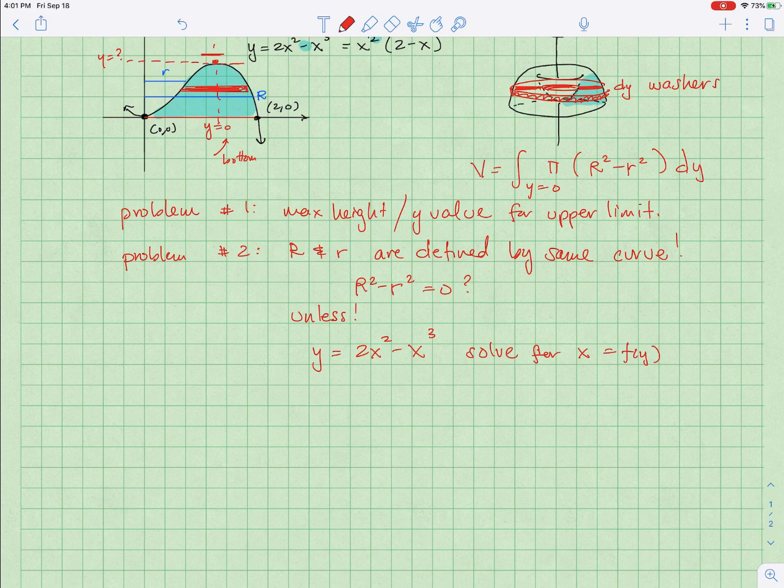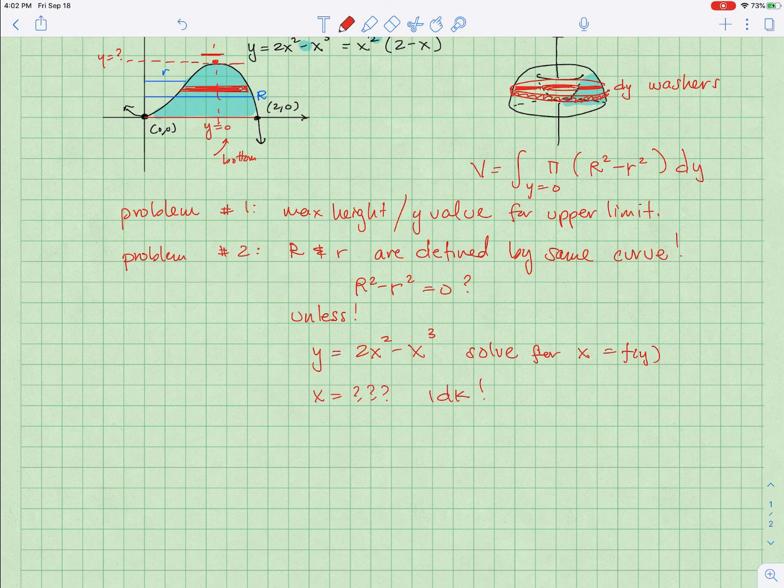Now, I don't know when the last time you completed the square was or how good you are at that. But I'm willing to bet that nobody in this class knows how to complete the cube. So x equals, I don't know.